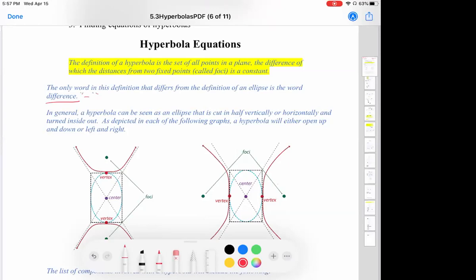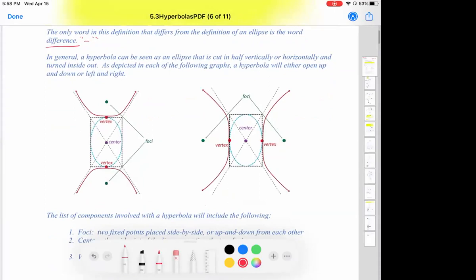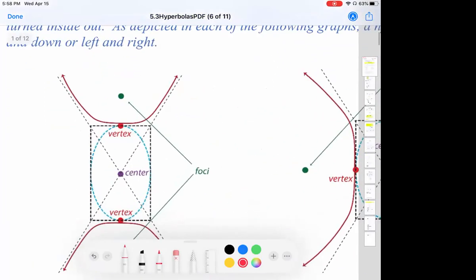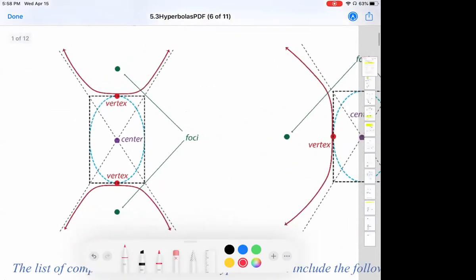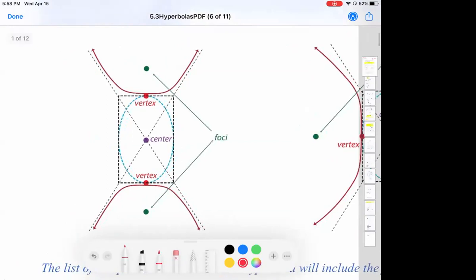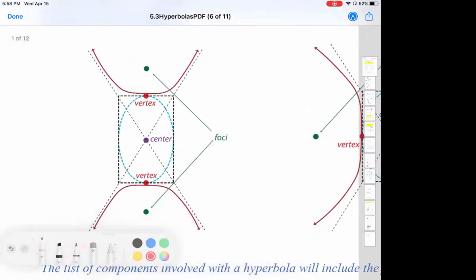In general, a hyperbola can be seen as an ellipse that is cut in half, vertically or horizontally, and turned inside out. As depicted in each of the following graphs, a hyperbola will either open up and down or left or right. So you see these horrible pictures? Everything that is dotted is just something that we keep track of.